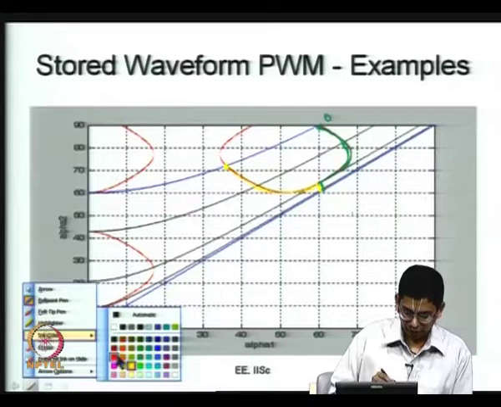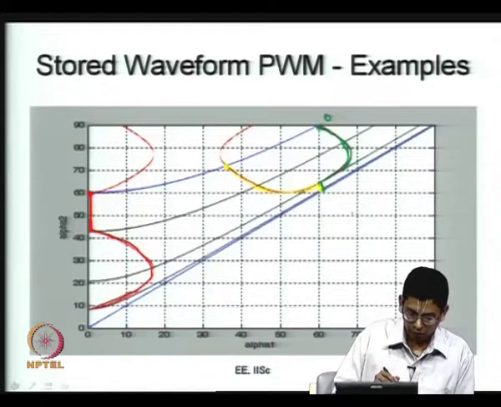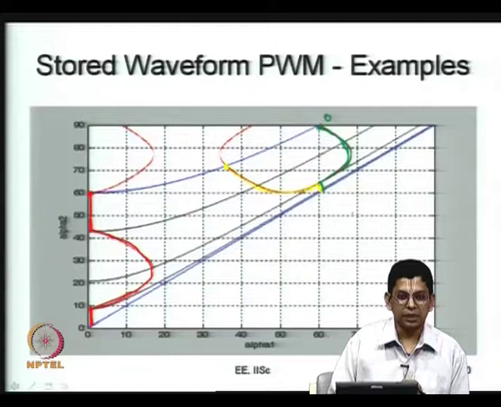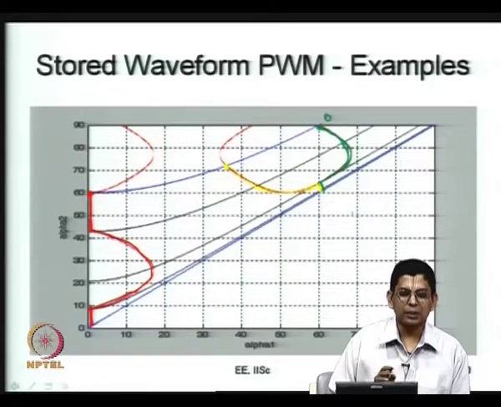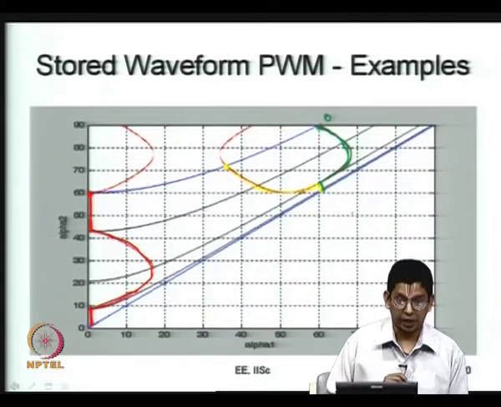Let me use red here. I can start from here, move along this red curve and go back here. This red is another PWM method. So, I am giving you 3 different examples of PWM methods, and these are stored waveform methods. You can store them in a lookup table and output them. They all can give you fundamental voltage ranging from 0 to 1 per unit.